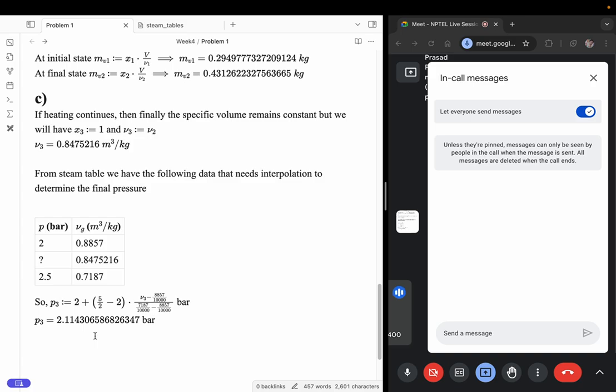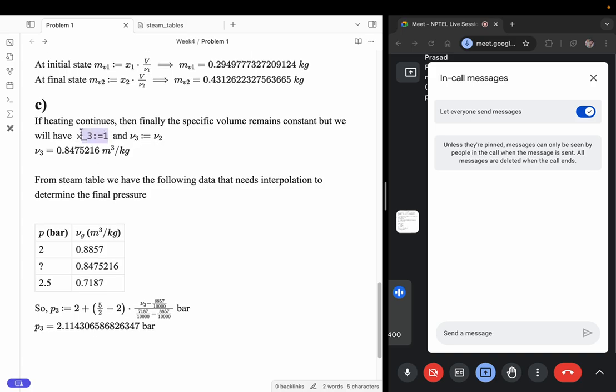So what if after reaching this only saturated vapor state, you keep on heating further, what would happen then? If you keep on heating further, most of this saturated vapor will now get converted into superheated state. Now if I need to find the pressure and temperature in the superheated state, that would not be possible, because again I would need two independent properties, and this information is not going to be useful for me anymore.